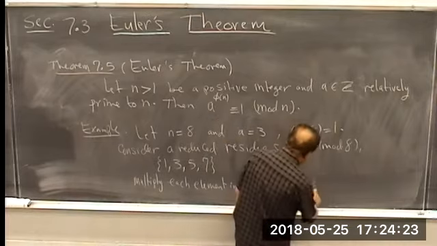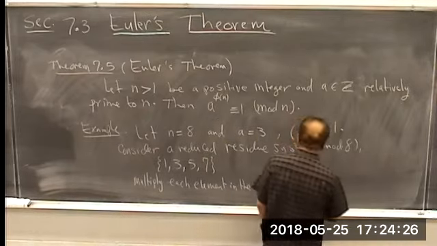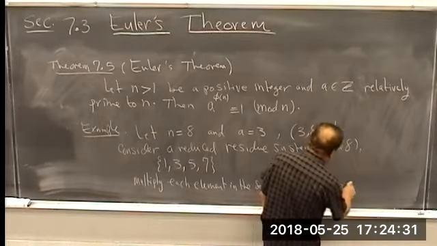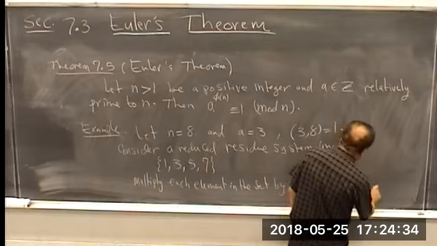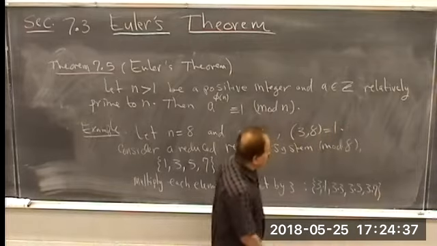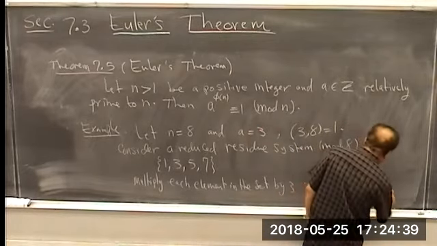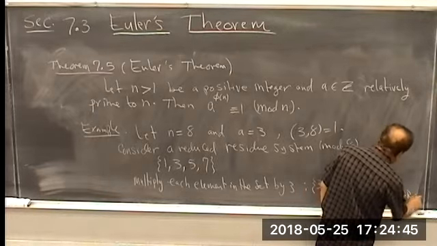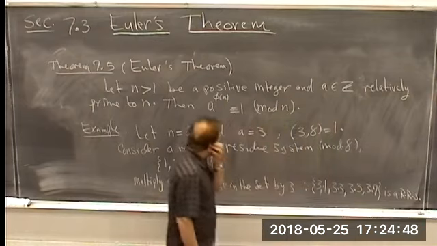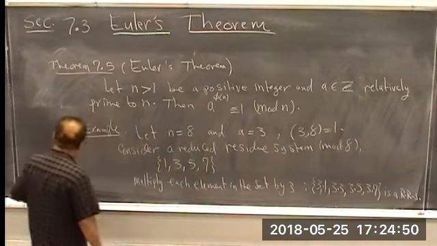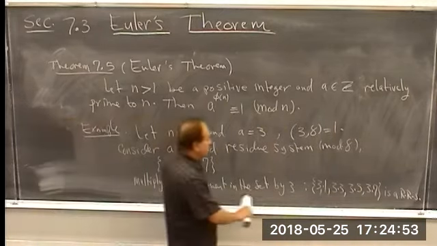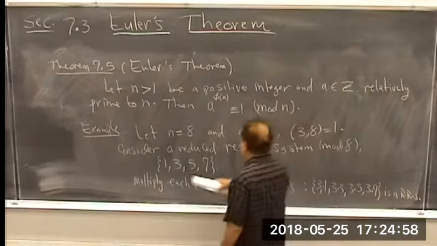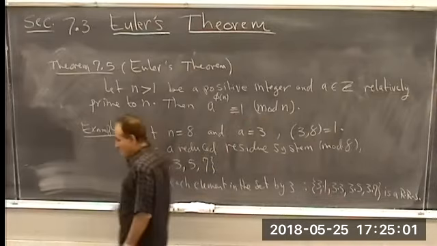So what do we get? We get, of course, a new set. I'm going to put it 3 times 1, I'm just going to leave it like this, 3 times 3, 3 times 5, and 3 times 7. And this one is also a reduced residue system mod 8. Moreover, we know that this new residue system, those numbers are congruent to the original one in some order. And I want to write that down.